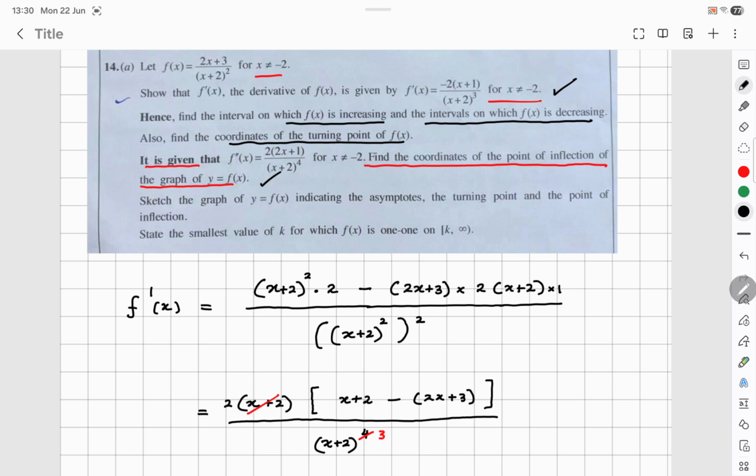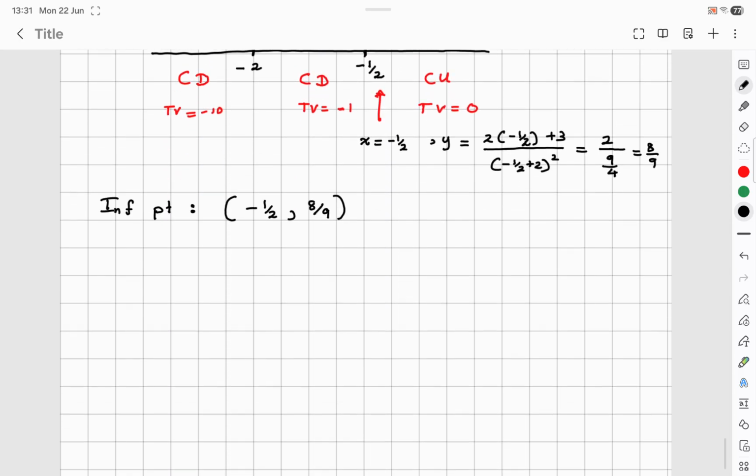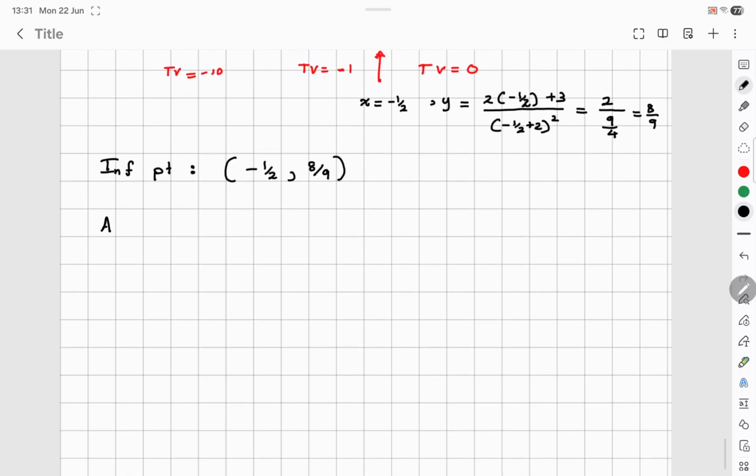Right? Now sketch the graph of y equals f(x) indicating asymptotes, turning point, point of inflection. Point of inflection found, turning point found. We need to figure out the asymptotes. So let's now find the asymptotes before drawing.